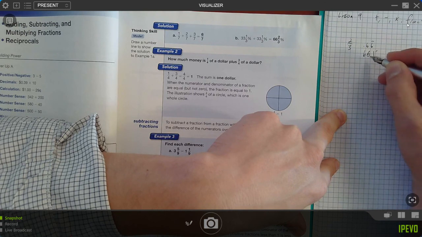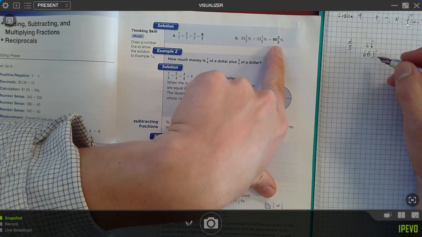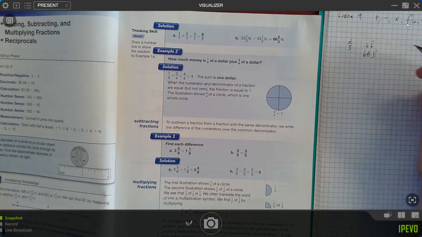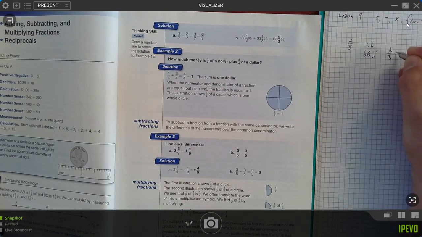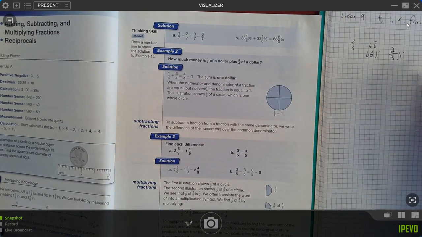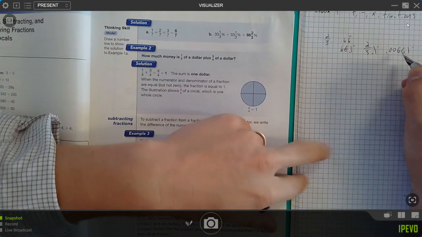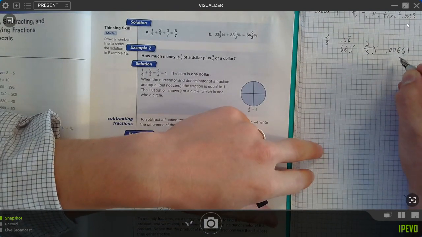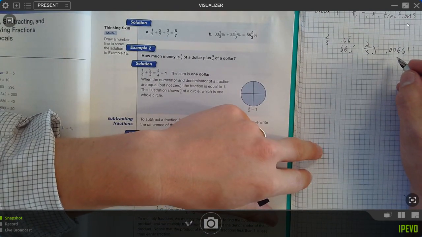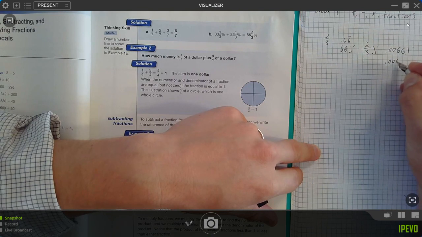But when you're talking about 2/3 of a percent, what that really turns into is 0.0066%. So it's a really, really small percentage, okay? Or 0.0066 as a decimal.